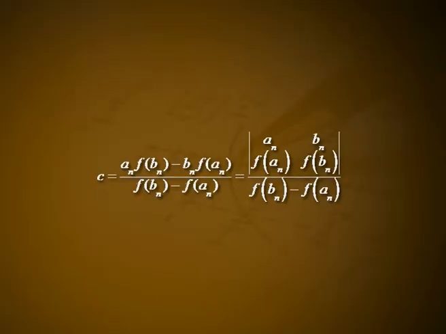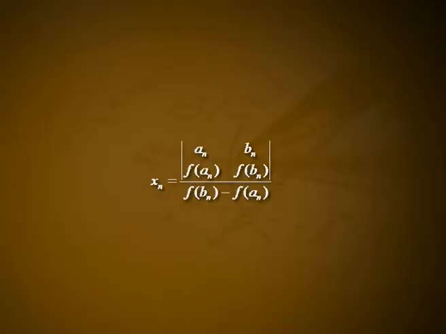This reduces to the following: c equals (an times f(bn) minus bn times f(an)) divided by (f(bn) minus f(an)), that is equal to the determinant of an, bn, f(an), f(bn) divided by f(bn) minus f(an). This gives a first approximation to the root. If f(c) equals 0, c is the actual root. Otherwise, we continue our work until an approximate root of the desired accuracy is obtained.